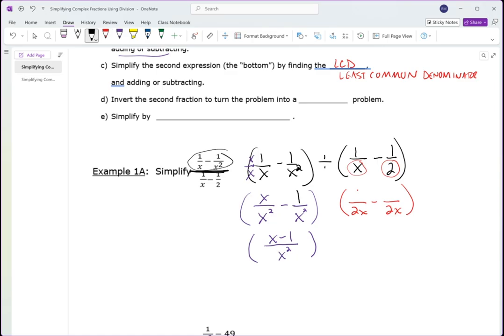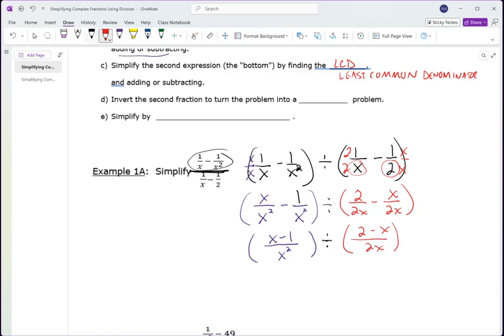I'll go ahead and leave this division symbol here. Well, what this first fraction is missing is a 2, so I'm going to multiply the top and bottom by 2. And this second guy is missing an x, so I'm going to multiply the top and bottom of that by an x. So, again, if I rewrite this, this would end up being 2 minus x in the top, all over the common denominator.